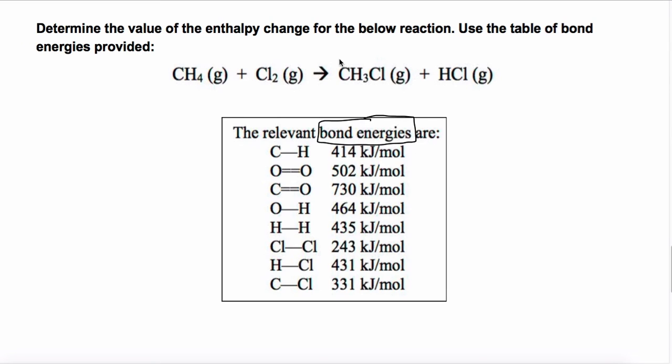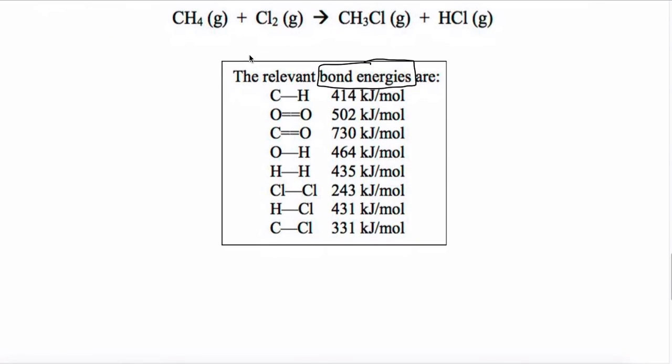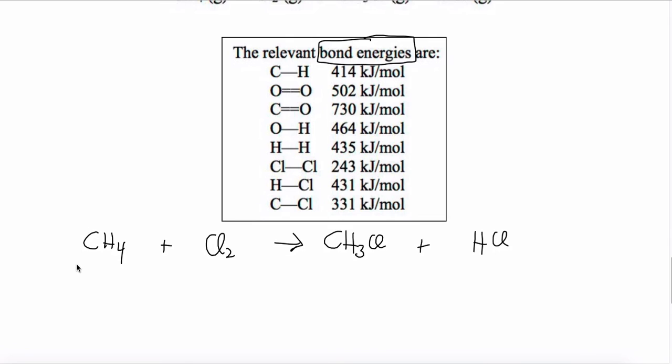So they want us to determine the enthalpy, that's the delta H, for the reaction below. Okay, so I'm going to go ahead and just go through this one. CH4 plus Cl2 goes to CH3Cl plus HCl. That's balanced. What I'm going to do below that now is draw quick Lewis structures plus Cl.